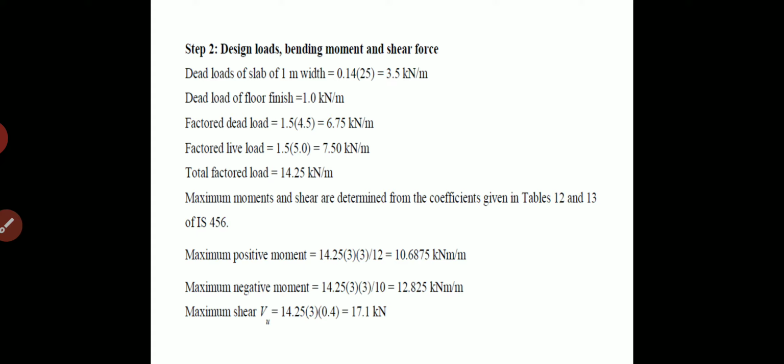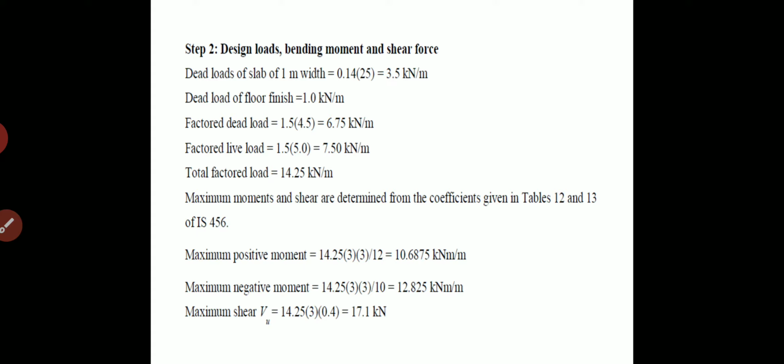Factored load: these values are multiplied with the factor of safety, which is 1.5. So here the total dead load is 3.5 plus 1 equals 4.5. So 1.5 multiplied by 4.5, the factored dead load equals 6.75 kilonewton per meter.